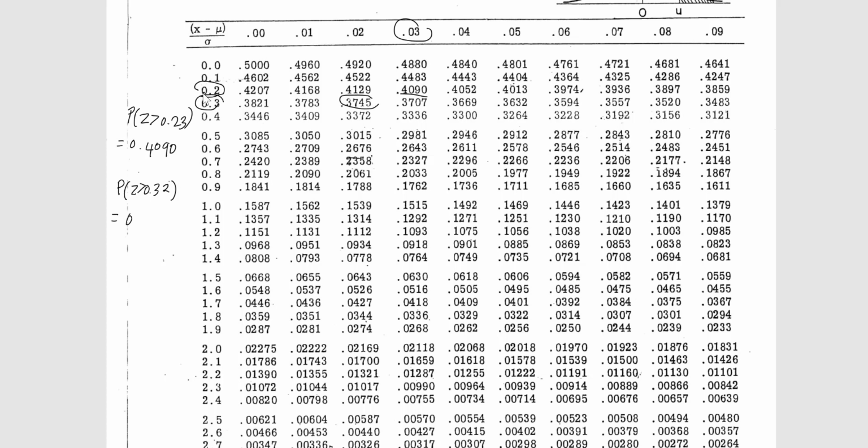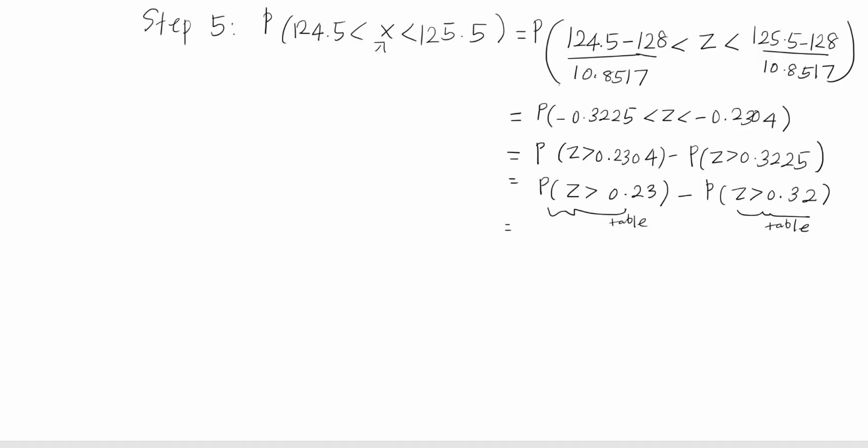So it's 0.4090 minus 0.3745, which equals 0.0345.